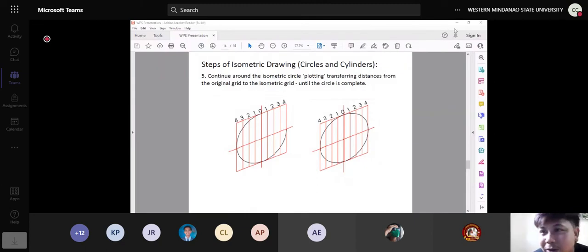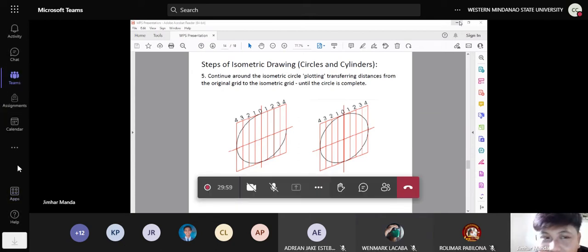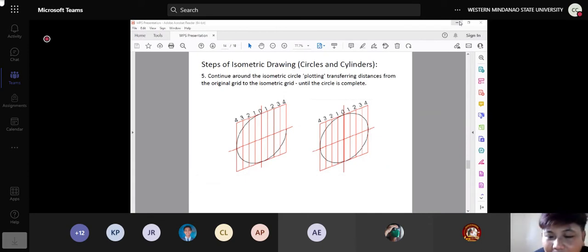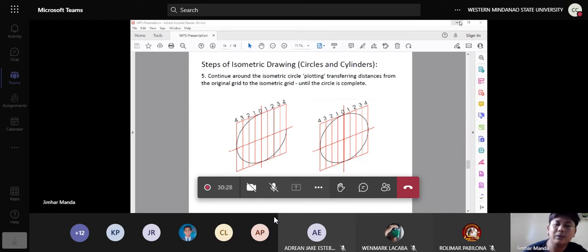Question. Wait lang, i-upload ko. Sir, share ko muna sa GC yung picture, then mag-upload ako doon sa MS Teams para pwede na kayong mag-start sa plate number 12 natin. Ano yung visible sa part niyo? Hello? Guys?